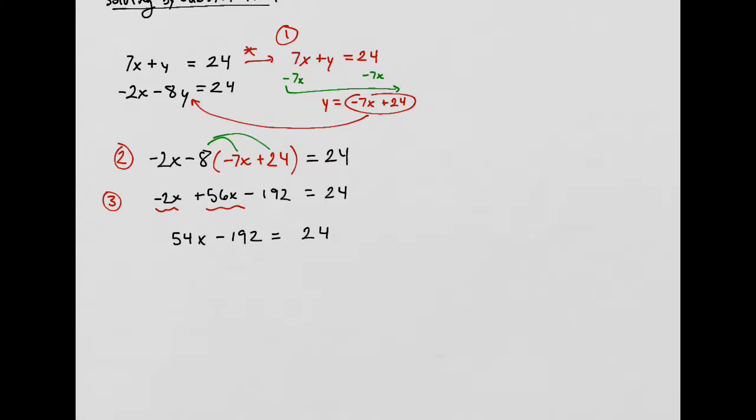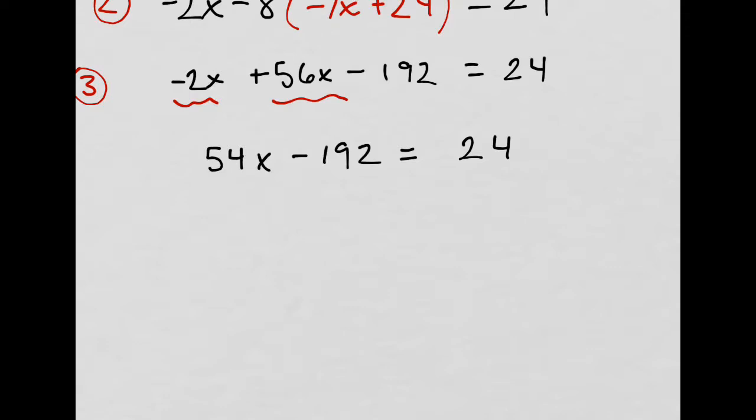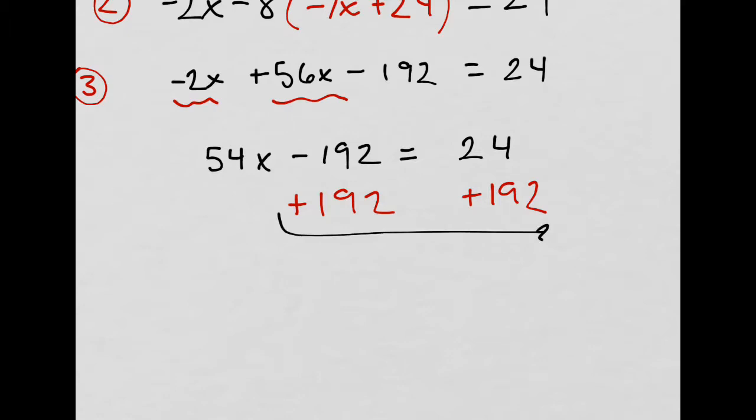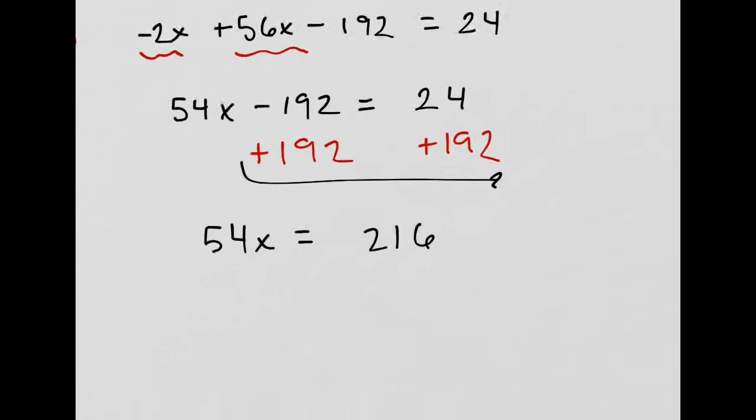So I'm working on step 3 right now, and then I think I'll add the 192 to both sides. These are like terms, so I can combine those. Great. 54x equals, what is it, 216.